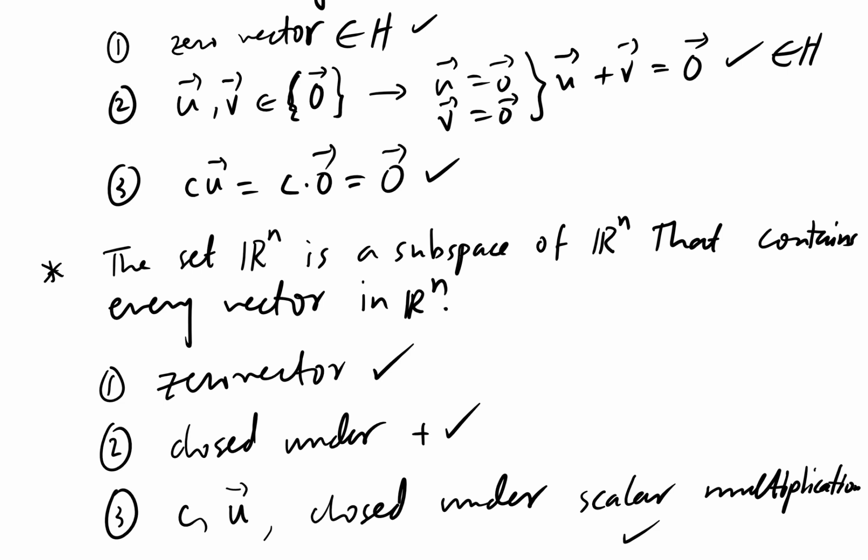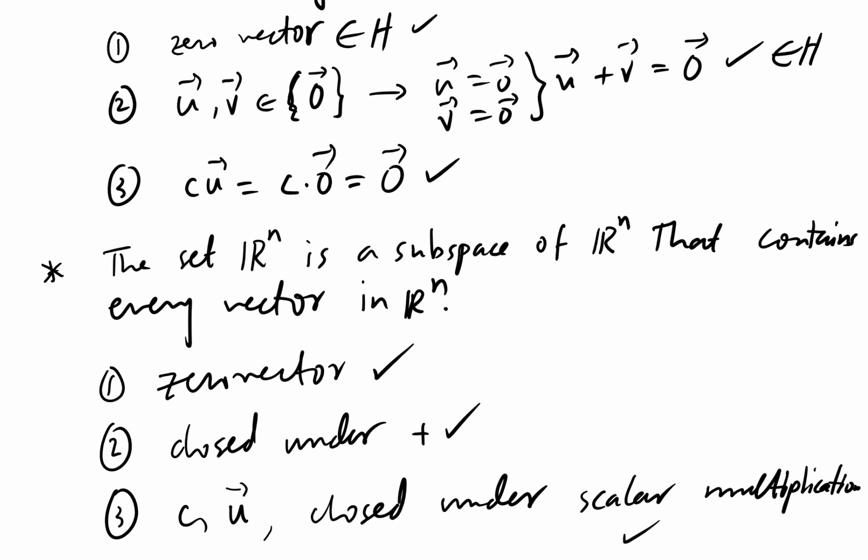So that's what subspaces and vector spaces are about. In all the subsequent sections, you're going to hear us saying subspace, vector space, subspace. Vector space means it satisfies the 10 axioms that we showed you. And subspace means it satisfies the 3 properties that we have been working on.